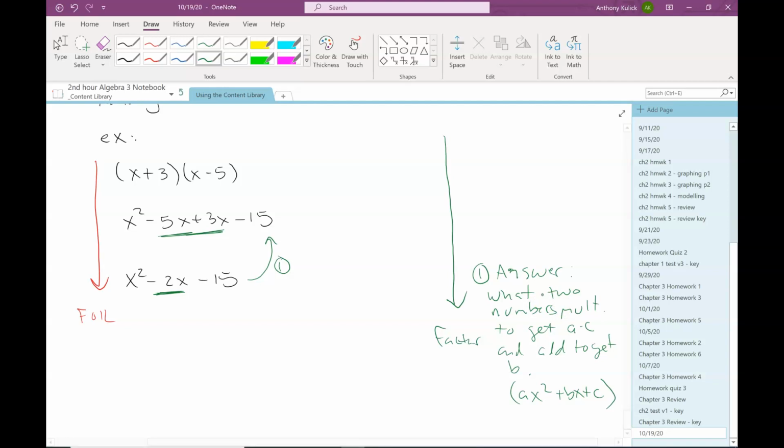Well, A is 1, B is negative 2, and C is negative 15. So I want the two numbers, I'm going to call those numbers M and N, that multiply to give me 1 times negative 15 and add to give me negative 2.